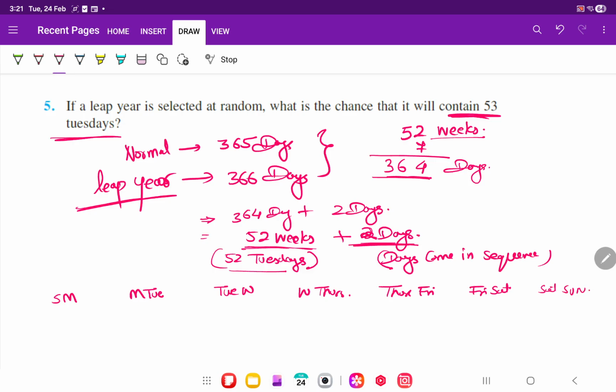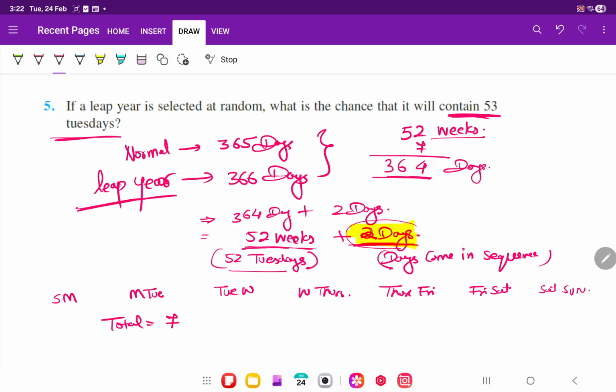These are the possibilities because those leftover 2 days will always come in a pair. So total possibilities for having 2 days are 7.